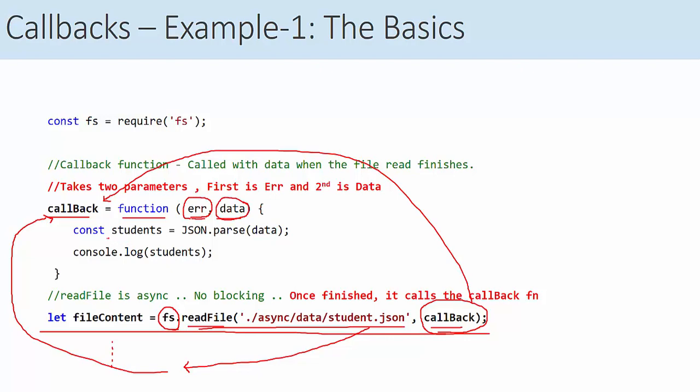So const students = JSON.parse(data), and we log the students. The main difference between synchronous and asynchronous file read when using callbacks is you need to provide a function. And that function will be called when your file read finishes. All other code can still be running since the asynchronous function is a non-blocking one.